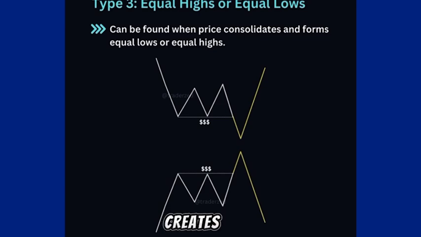So it creates an equal low liquidity and then an equal high liquidity, which is something that you must keep in mind. So this is the final one, which is type 3 kind of liquidity that you should look out for.